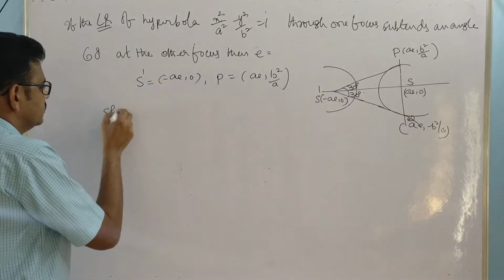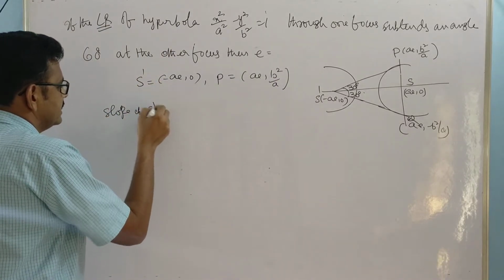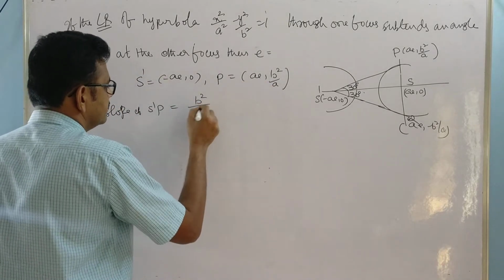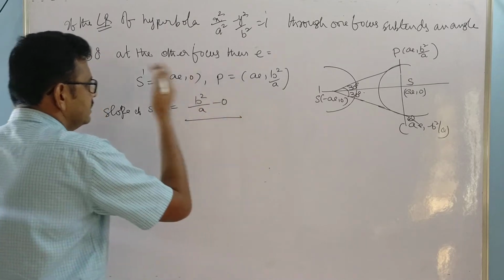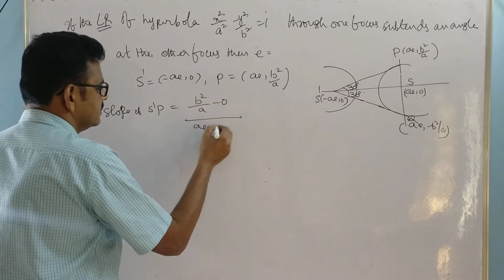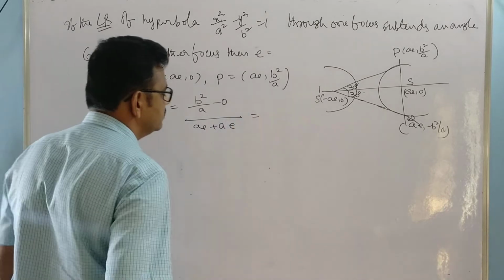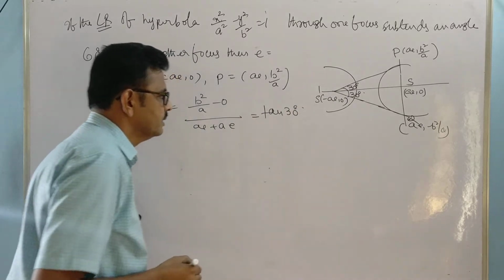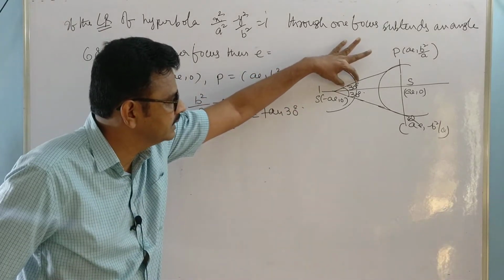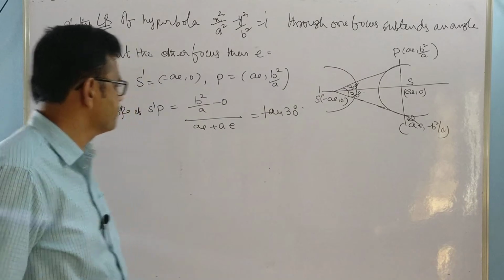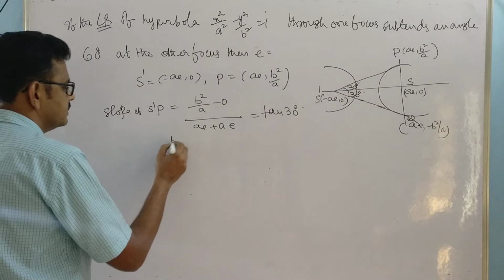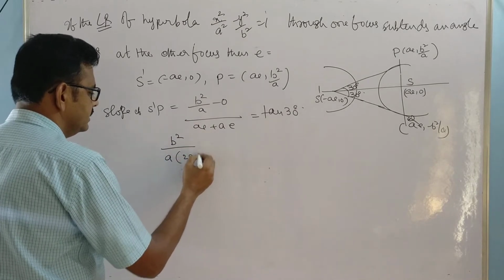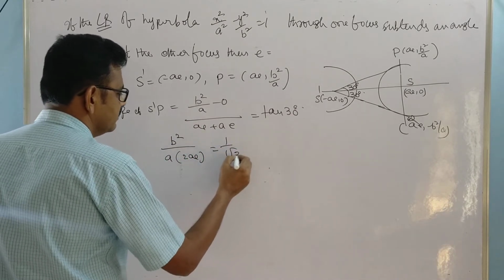The slope of S dash P is y2 minus y1, b square by a minus 0, by x2 minus x1, ae plus ae, that is equal to tan 30 degrees, since this makes an angle of 30 degrees with the x-axis. So this is b square by a over 2ae, which is equal to tan 30, that is 1 by root 3.